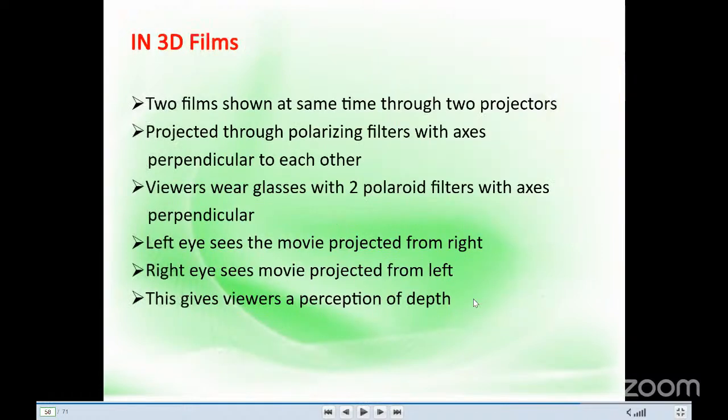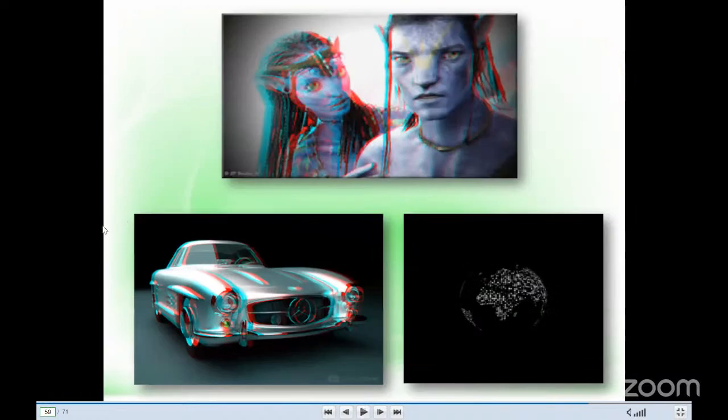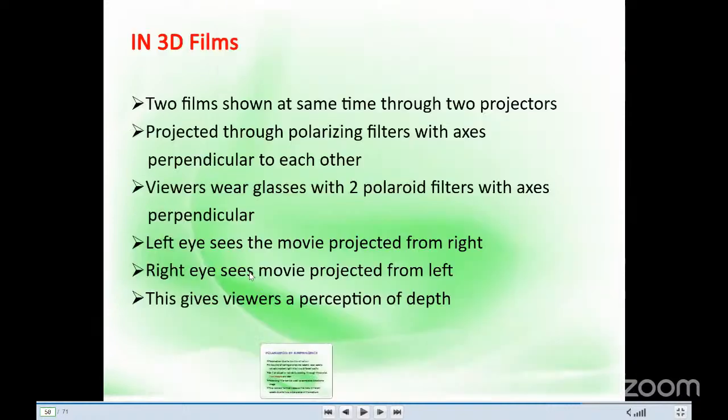So this is actually not in our syllabus. In 3D films also, most of the films which are given in 3D, you cannot watch the movie in theaters without the 3D glasses. Why? Because it is 3D. If you watch without wearing the 3D glasses, it will be blurry.